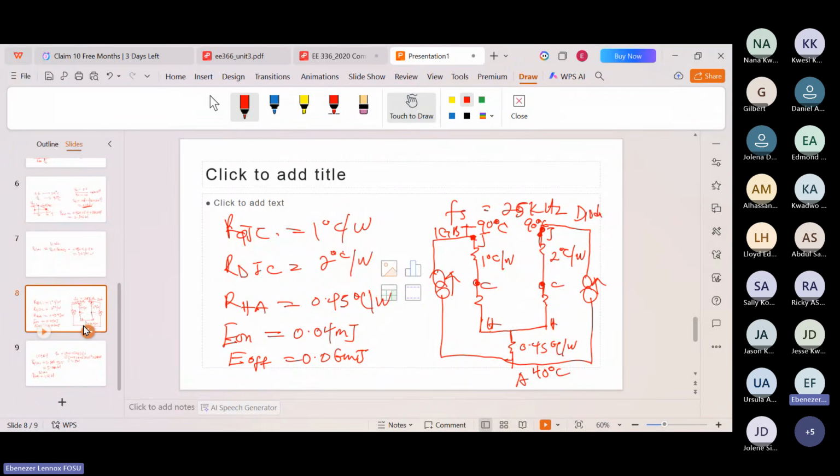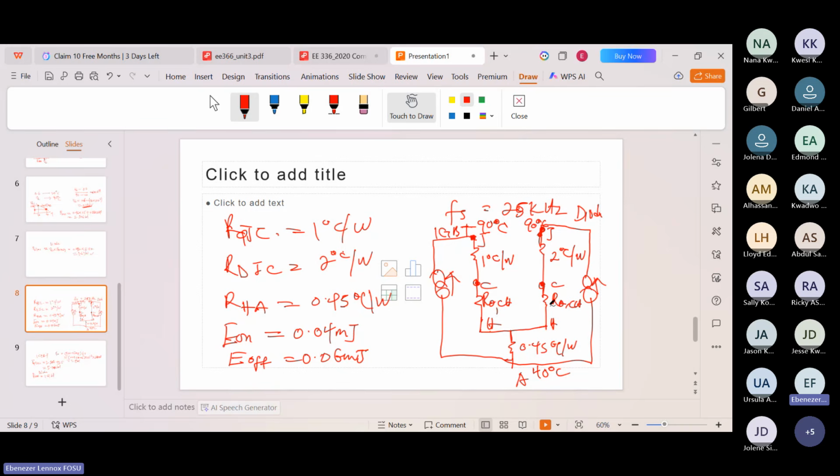So we are interested in the case heat sink thermal resistance, R theta CH, of both devices. That is what we need to do.